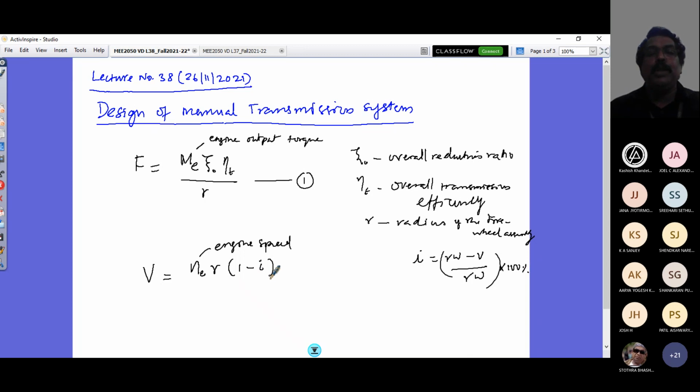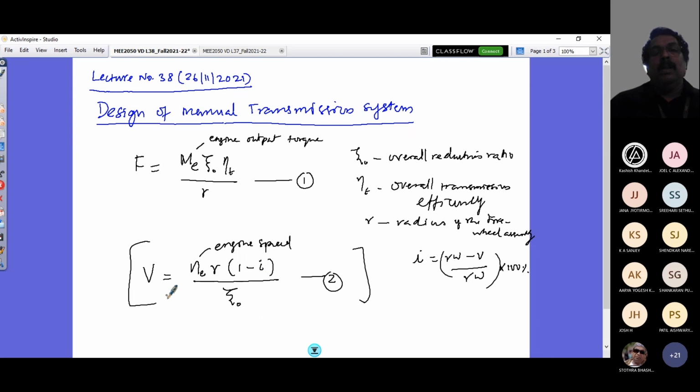That is what is called longitudinal slip, analogous to slip angle for lateral force. Longitudinal slip is mandatory to be developed in tire-road interaction to get your traction. So 1 minus that slip, multiplied with the engine speed times R divided by the overall reduction ratio, is going to decide my vehicle speed, right?